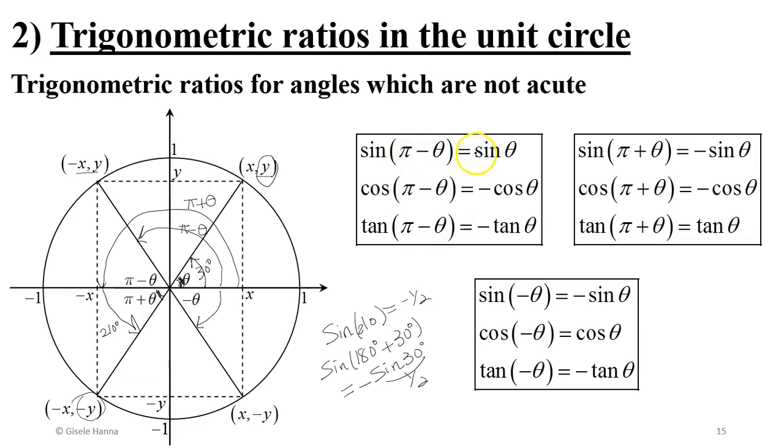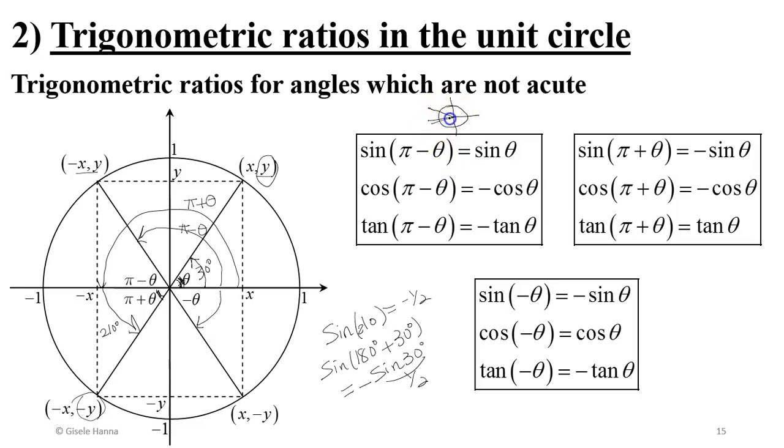Of course, over here, you would not really be asked to memorize them by heart. You could just always deduce them because of the location of the angle in its corresponding quadrant. So for example here, we're looking for pi minus theta. Pi minus theta is in quadrant 2.